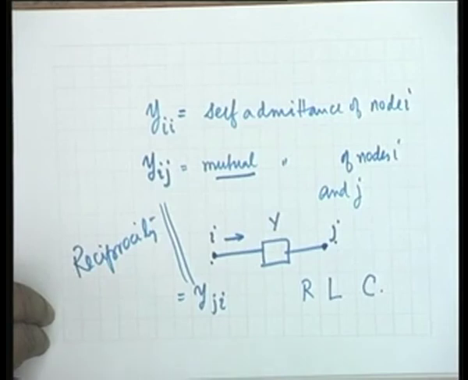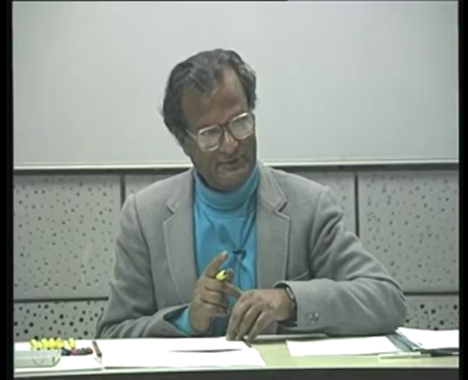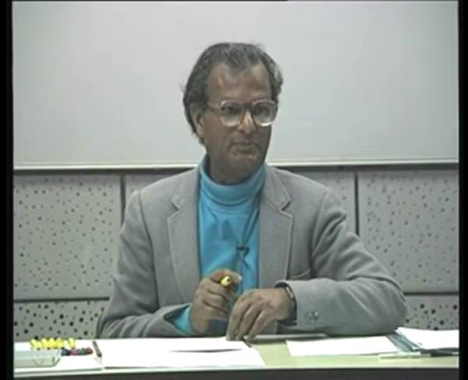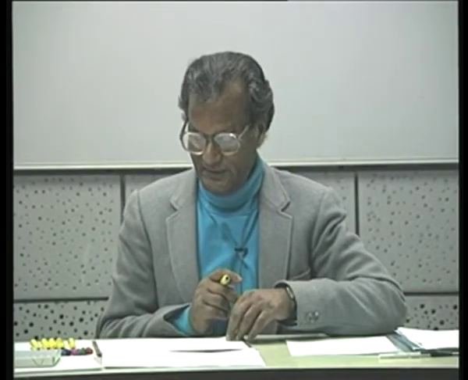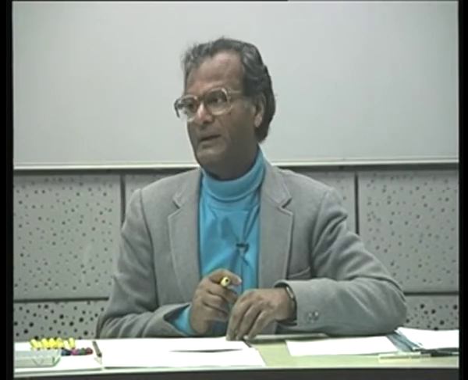What we should now realize is that there are two kinds of elements in this matrix. One is the self admittance and the other is the mutual admittance. The mutual admittance of nodes I and J has one and only one value, provided the elements composing the admittance are bilateral.